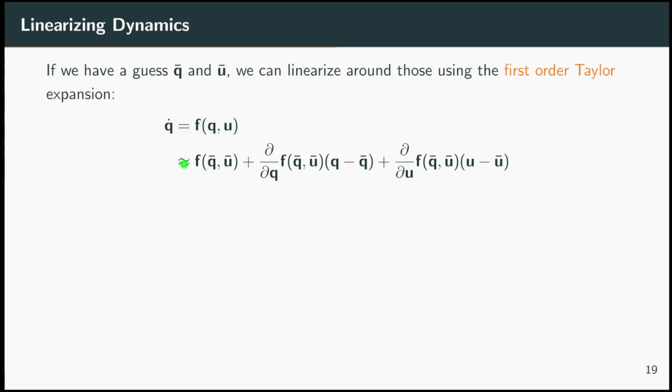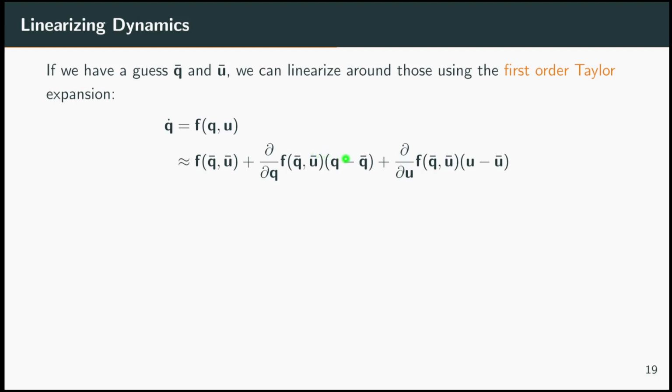By definition, the approximation means you take the function value at these initial guesses, and then you add these two terms or multiple terms depending on how many input variables you have. So here we have two, Q and U. So you first have the partial derivative of f with respect to Q, and then evaluate it at these concrete values. So this whole thing really just becomes essentially a matrix that is fixed.